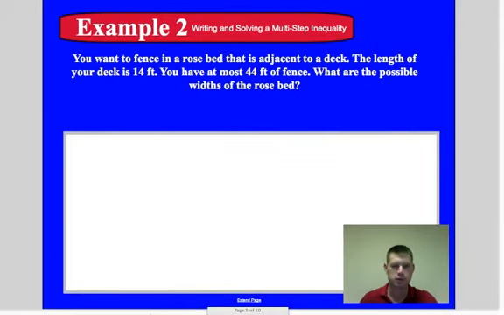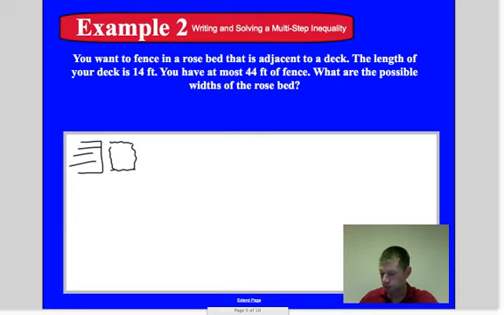Some of them are story problems. I know we don't like story problems, but as we start working through them: you want to fence in a rose bed that is adjacent to a deck. So what we really want to think about is, alright, we have this deck. Here's our deck right here, and what we want to do is take this rose bed right here, and put a fence going around it.